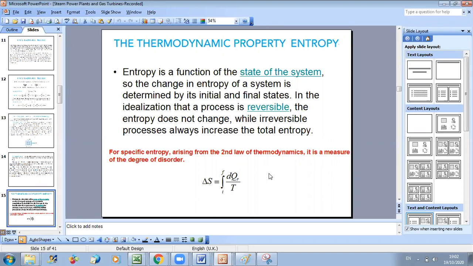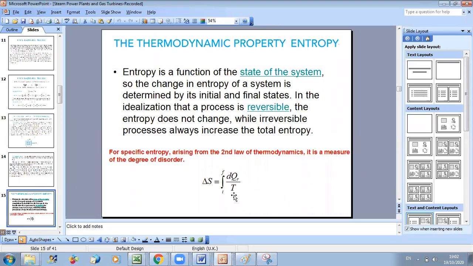So from the second law of thermodynamics, we can define a new property, the entropy, defined as the integral from the initial to the final state of the heat during a process over the temperature.